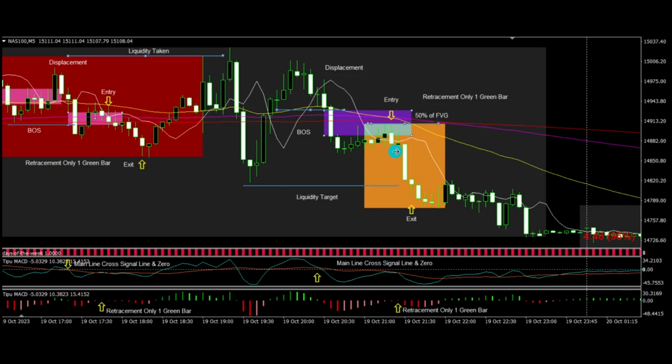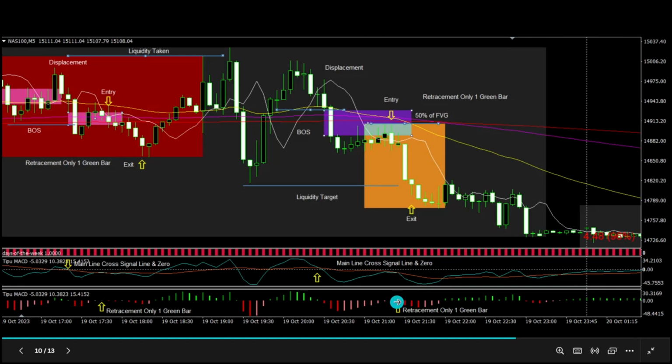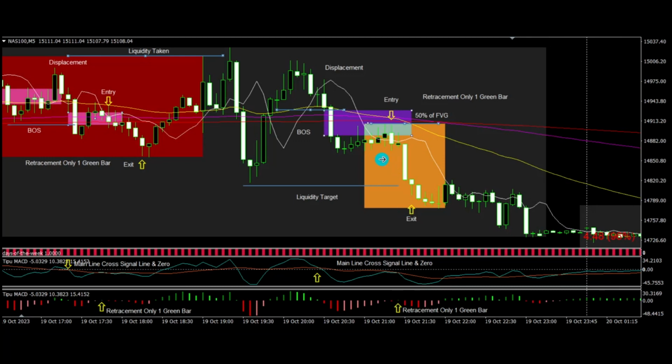This is also another confirmation with this candle moving into the fair value gap being a bullish candle when the MACD histogram is red. Price continues down towards the liquidity target and your exit is once liquidity is taken.